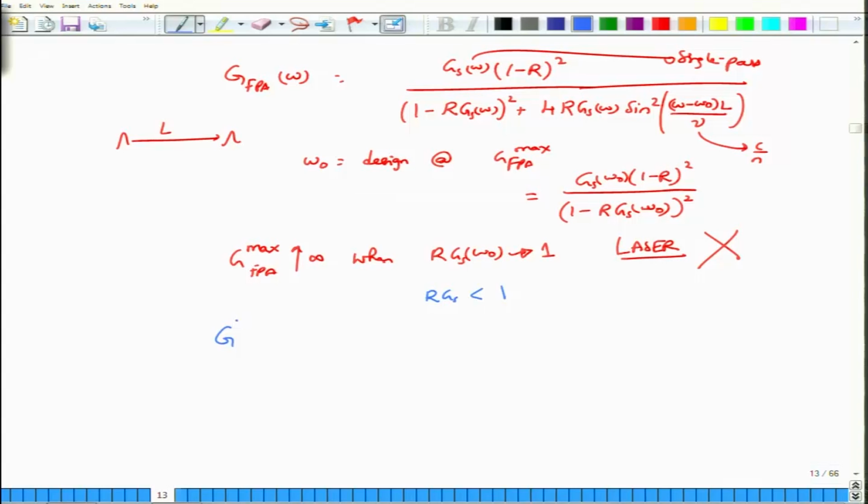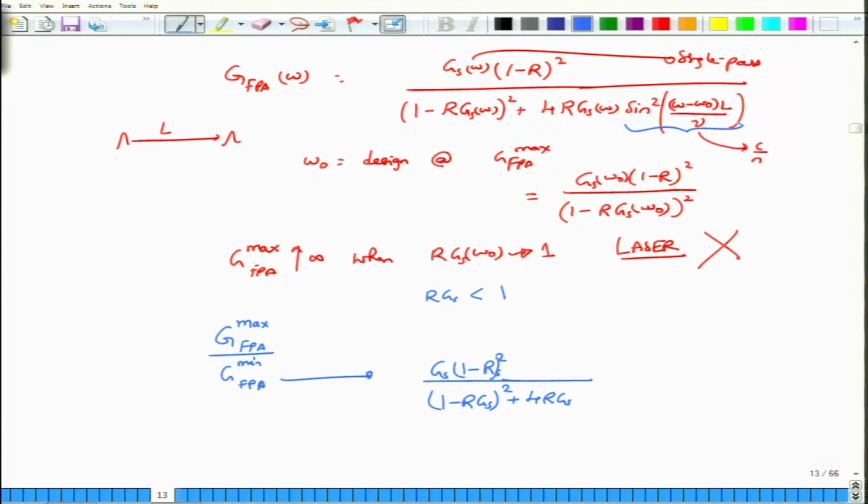The second observation is the ratio of the maximum gain to the minimum gain. I leave you to show that the minimum value of the gain is given by G_s (1 minus R) square divided by (1 minus R G_s) whole square plus 4 R G_s, and it happens at those frequencies where the sine square term goes to 1.